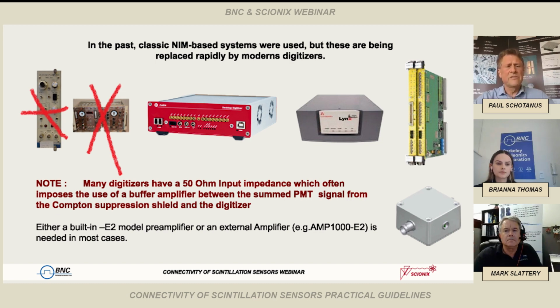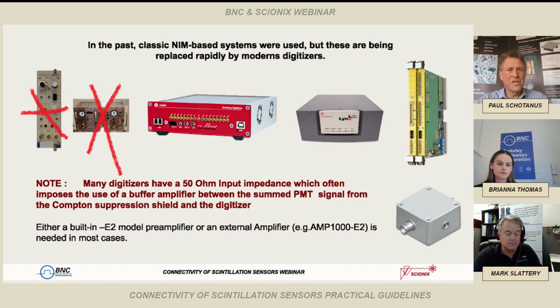And as I said earlier, repeat this, that the input impedance of most digitizers is 50 ohms. And it's very important you realize this, because it means that your scintillation sensor preferably also should have an output impedance of 50 ohms.